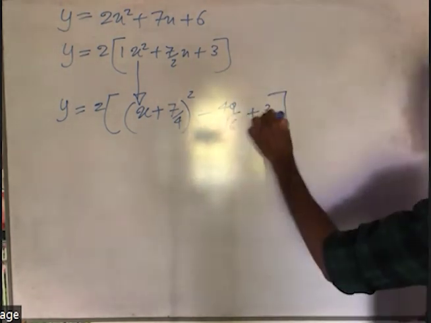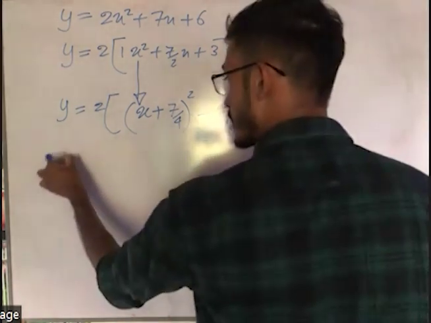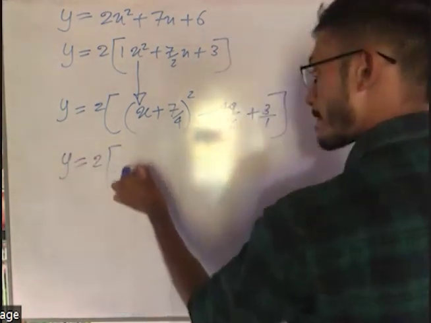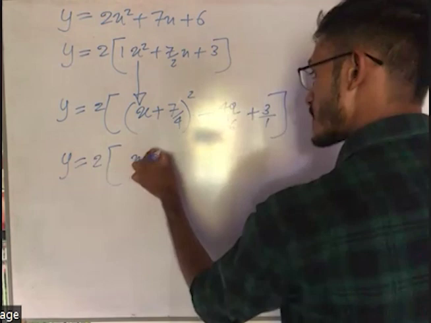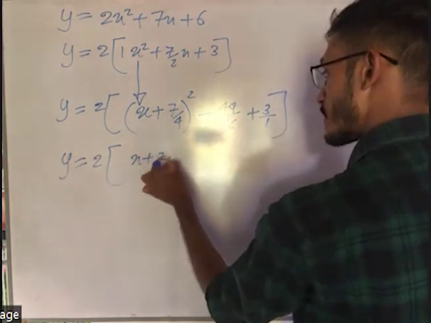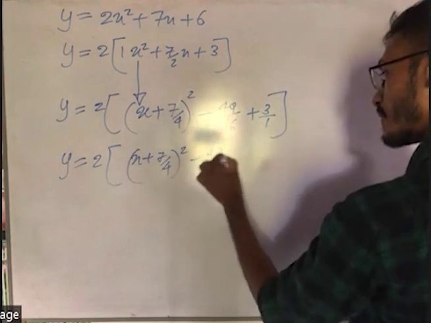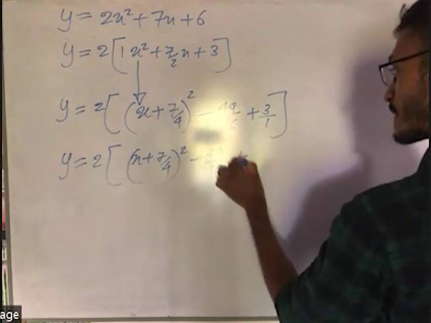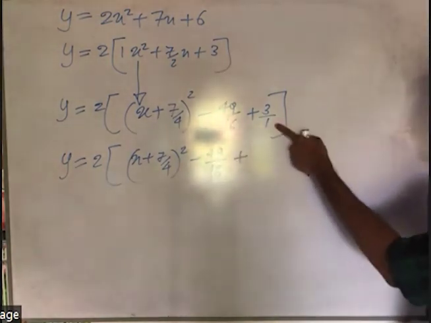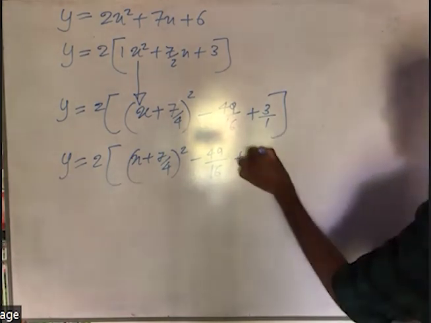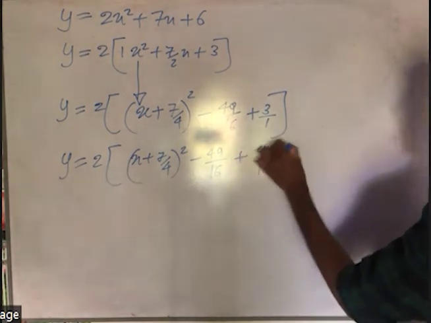Here we have 3 over 1. Then y equal to 2 times (x plus 7 over 4) square of the whole thing minus 49 over 16. If you multiply numerator and denominator of 3 by 16, we have 48 over 16.